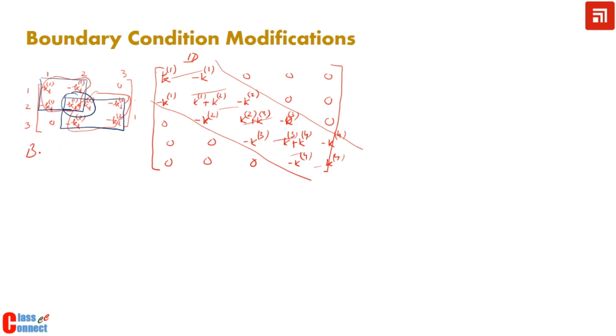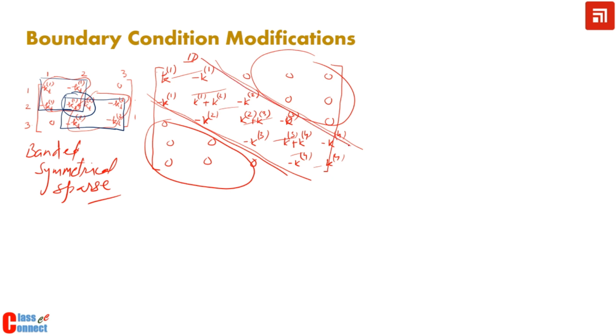So it is banded in nature, it is symmetrical, and it is sparse as well. All these are important properties of this stiffness matrix.